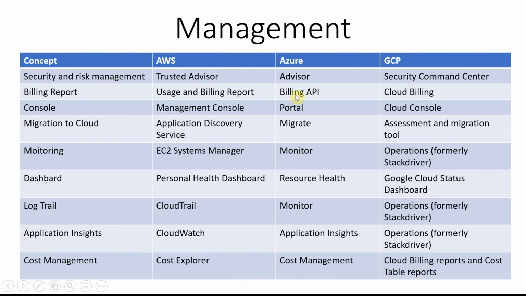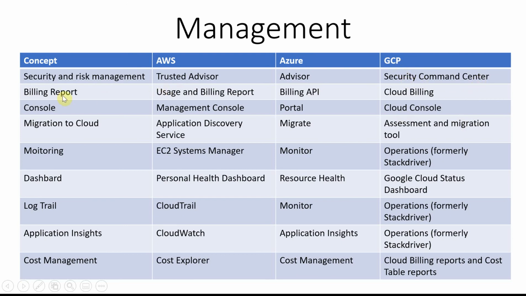But looking at the management aspect, security and risk management is one area. So AWS has AWS Trusted Advisor, which monitors your usage and gives recommendations, and also covers the security and risk management aspects. In Azure it is Azure Advisor, and GCP is GCP Security Command Center.